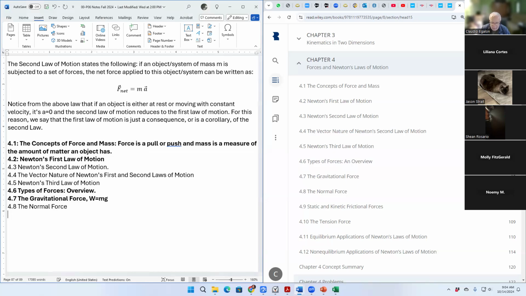The normal force, I covered that. The static and kinetic frictional forces, I also mentioned that. The tension, man, look at how many things we have already covered, right? The tension.